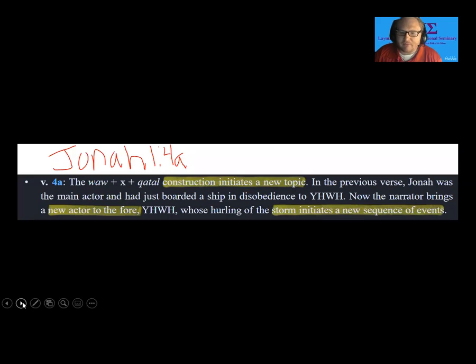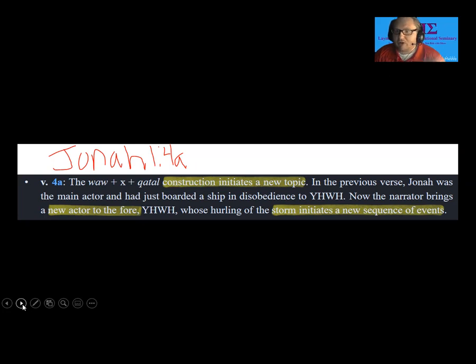This is at the bottom of Biblical Hebrew Discourse. This talks about the vav plus qatal. In other words, the vav conjunction plus a word, usually a subject or something, plus the perfect form, initiates a new topic or a new sequence of events. So not only is it focusing on the Lord, it's introducing him as the character again.